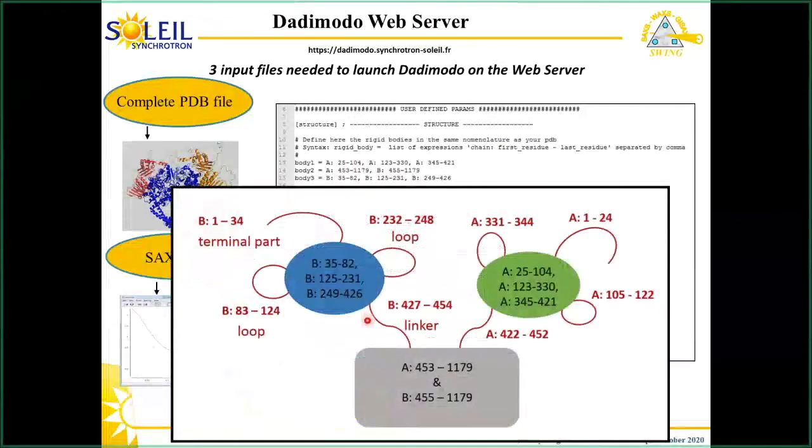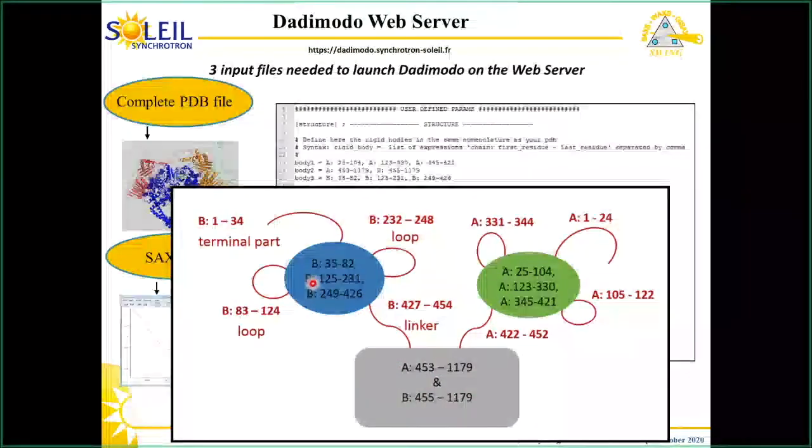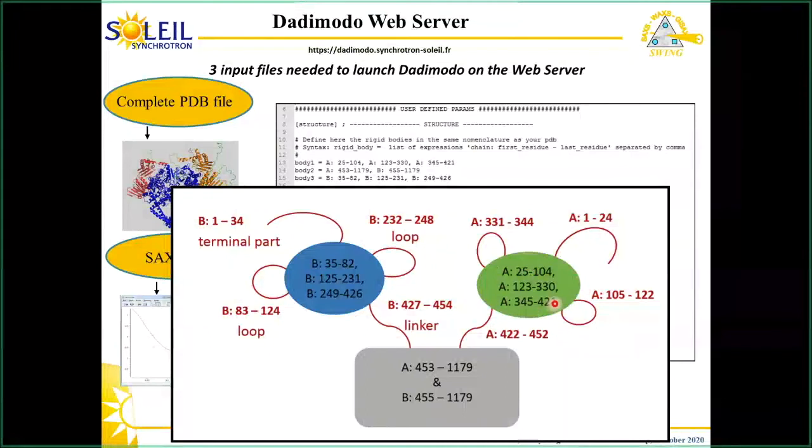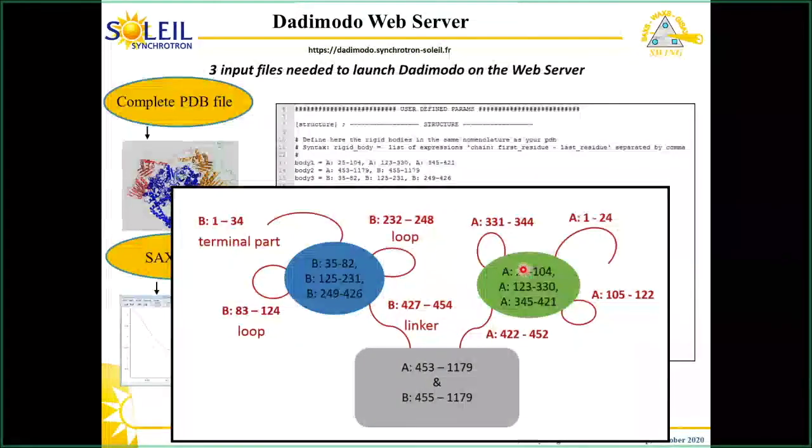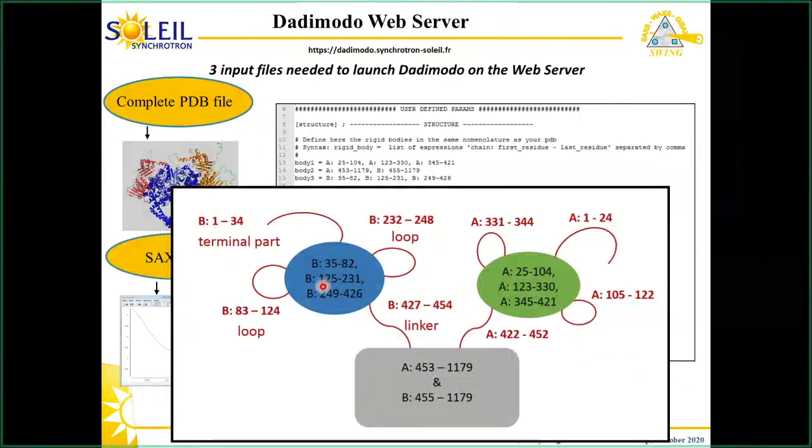So in the case of the protein that I'm going to show, it is made of 3 domains, and one of the domains is made of 2 chains here, a part of chain A and a part of chain B. And the other rigid domains are also different parts of chain A and different parts of chain B.